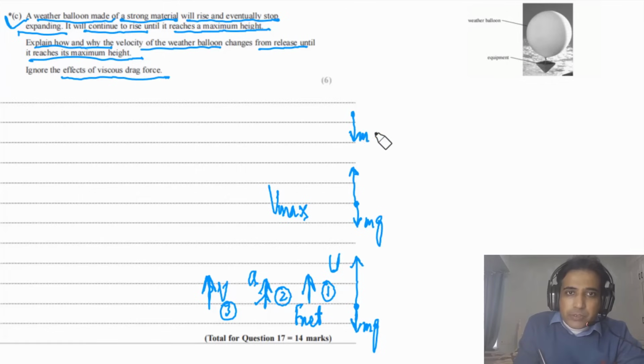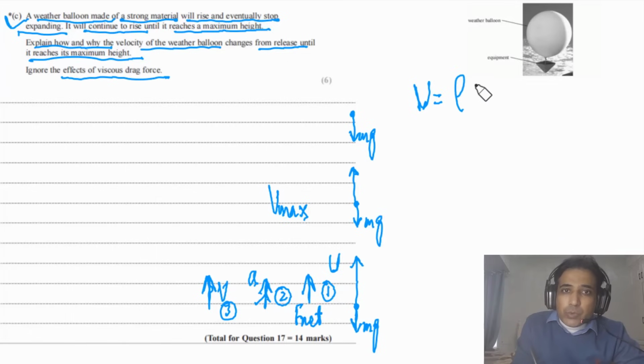At this point, upthrust will now start decreasing, because upthrust U is equal to rho times V times g. Volume is constant now, we can assume it is constant, but density is decreasing. Before, volume was increasing, but now volume has stopped expanding. As density decreases, it means upthrust will decrease.